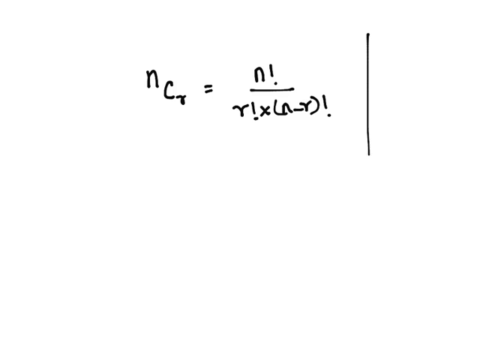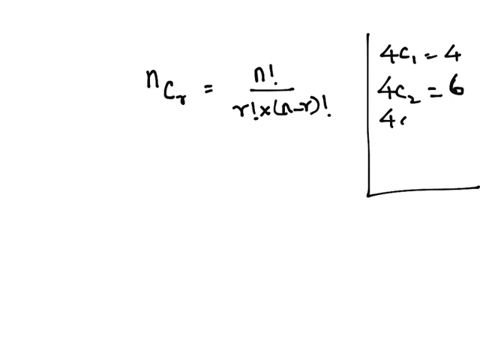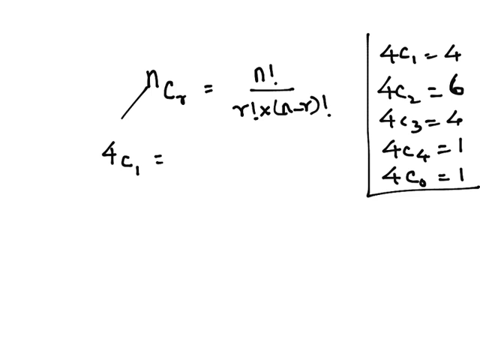Now let us write down the values that we got. We got 4C1 as 4. We got 4C2 as 6. We got 4C3 as 4. We got 4C4 as 1. And we got 4C0 also as 1. So let me cross check whether I'm right. Let me find 4C1. So this is n and this is r.